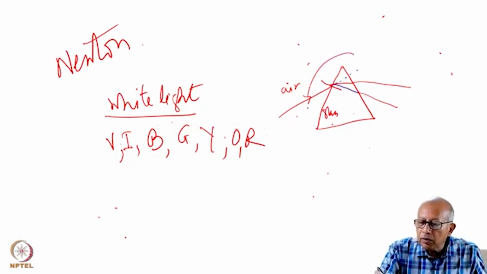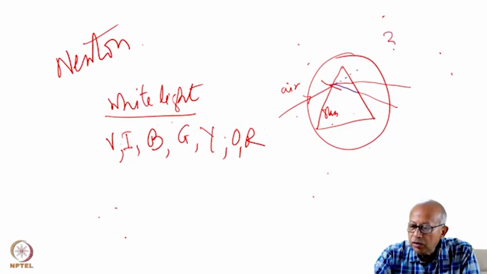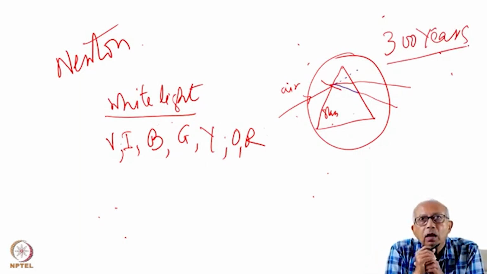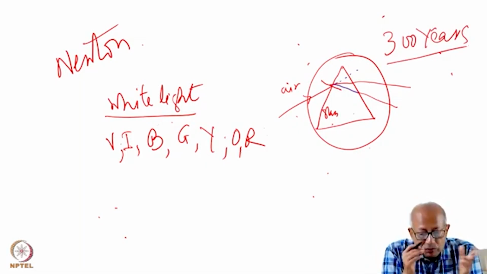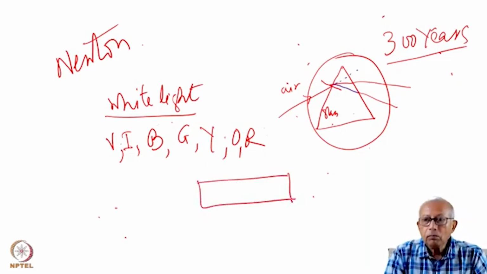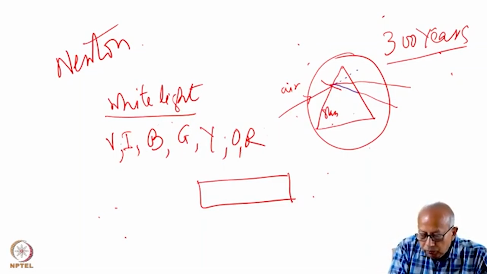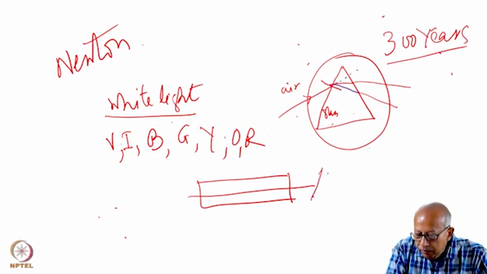This prismatic dispersion that Newton perceived some 300 years ago is today being used for tuning a laser. You have seen in one of the earlier classes that inside the laser cavity, you put a prism, and then of course you have the output mirror here.